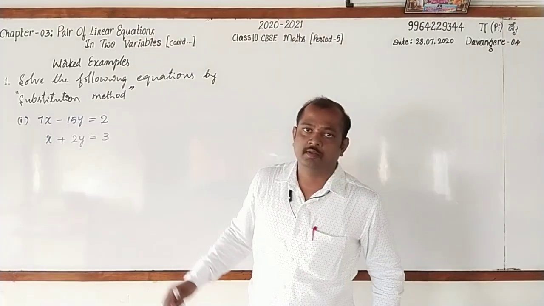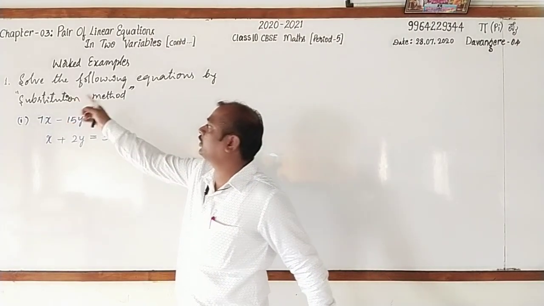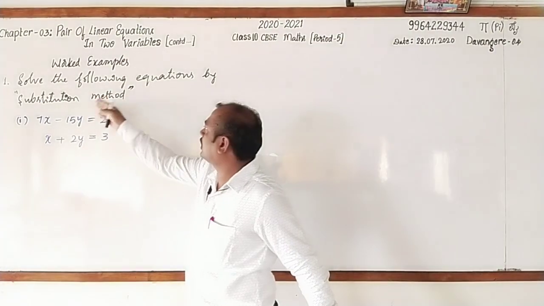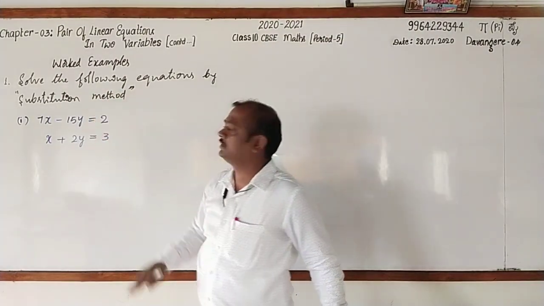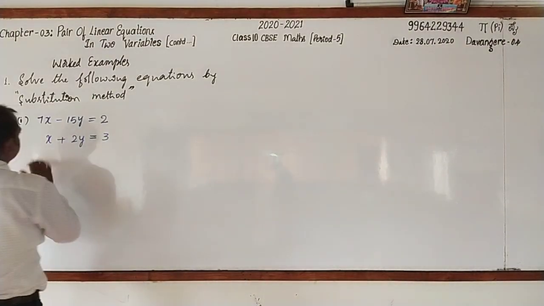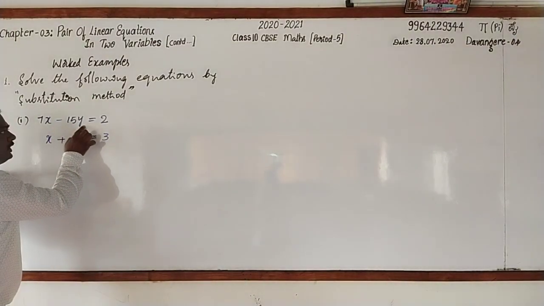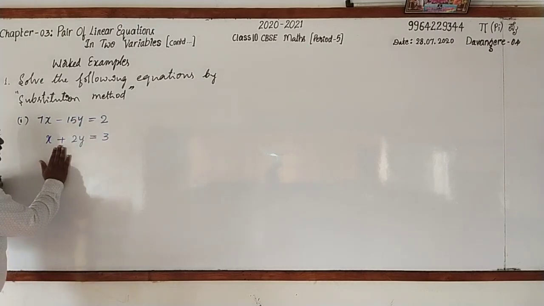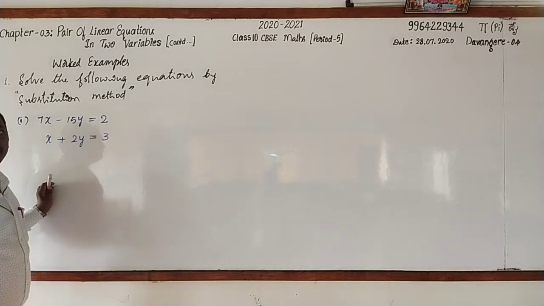Okay, see that here we have a question. Solve the following equations by the substitution method. The first sub-question is 7x minus 15y equal to 2 and x plus 2y equal to 3.